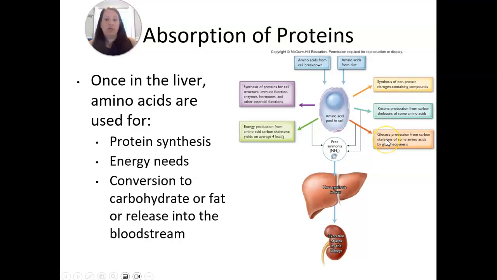They can be used to produce glucose by this process called gluconeogenesis. They can be used to synthesize proteins for cellular structures, immune function, so like antibodies, enzymes, hormones, other essential functions. And then lastly, they can be used for energy. Again, not the best use of proteins, but they do yield 4 kilocalories per gram.